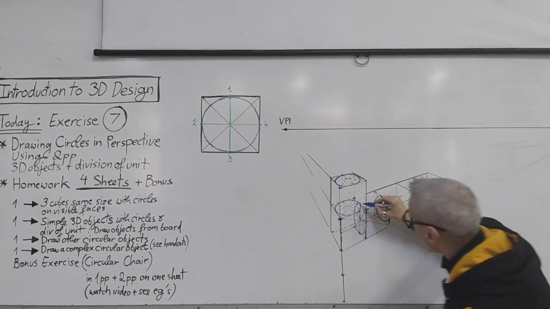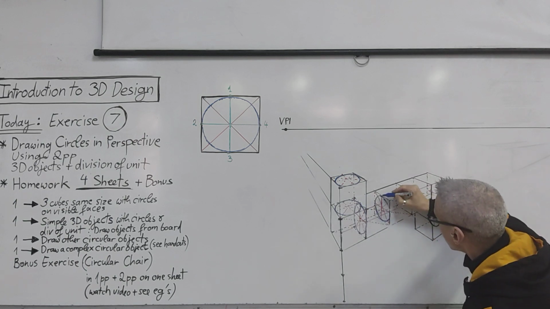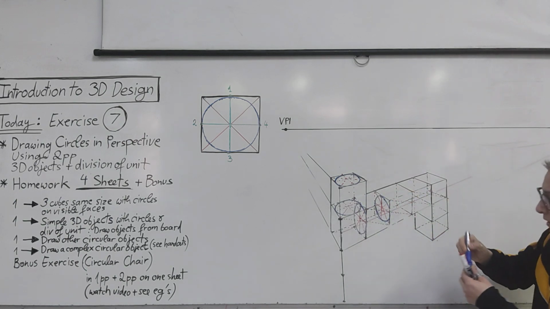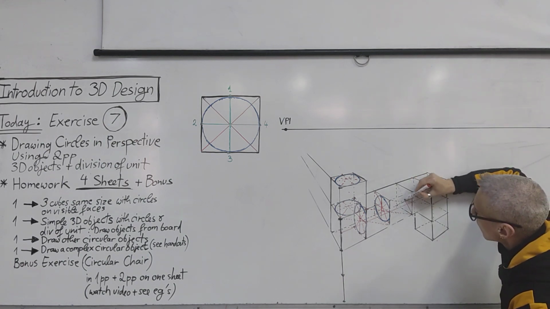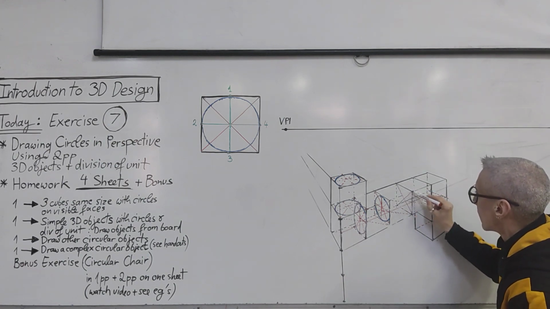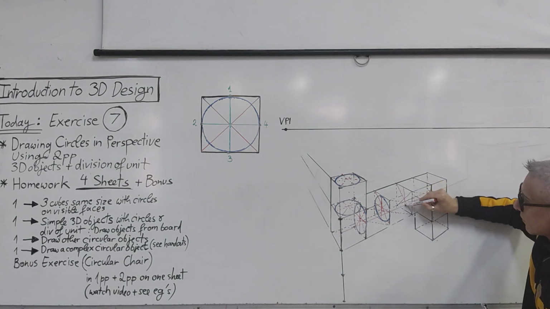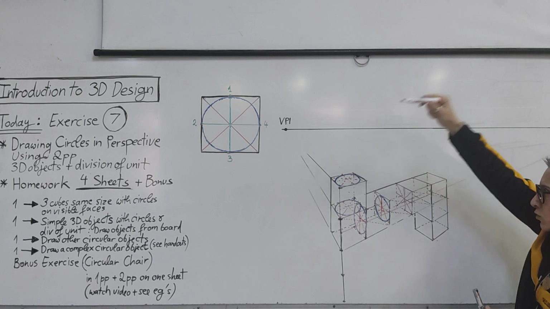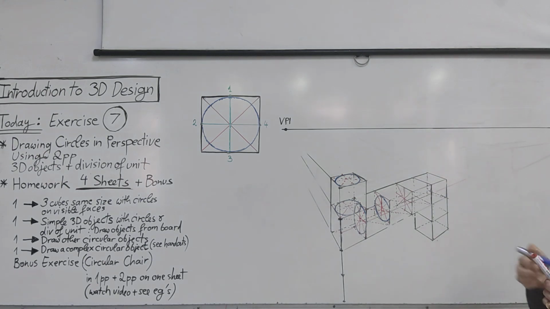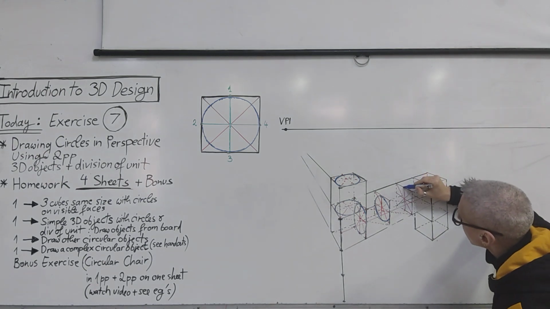Drawing the circle inside. And the next one. Same thing, this line straight, parallel, passing through the center. This one going to the vanishing point to find the 4 points, then drawing the circle.